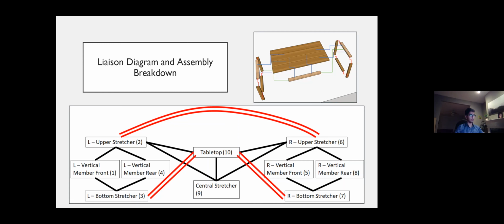Looking at the bottom 2, we have the KC between the bottom stretcher on the left and the tabletop and the bottom stretcher on the right and the tabletop. So that defines our KC1 of 36 inches. And on the top, we have the KC between the upper left stretcher and the upper right stretcher. Specifically, those are the inside faces, and that defines our second KC of 47.5 inches.